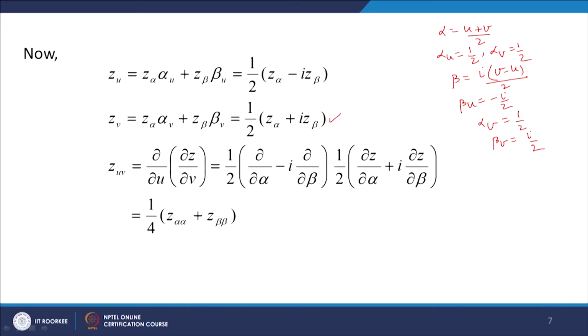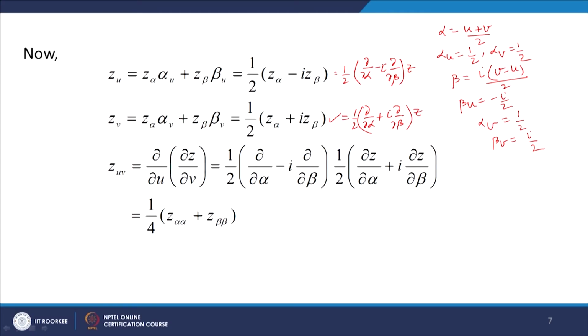This is equal to 1 by 2 delta over delta alpha minus i times delta over delta beta of z. So, this is the differential operator, and here 1 by 2 delta over delta alpha plus i times delta over delta beta, okay, z in the form of differential operator.